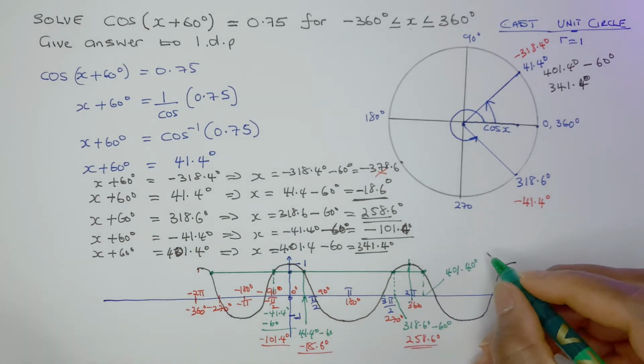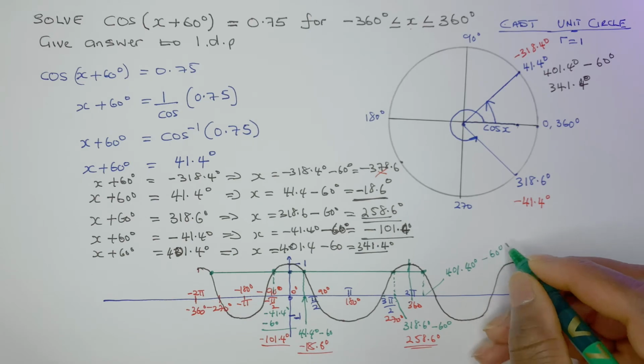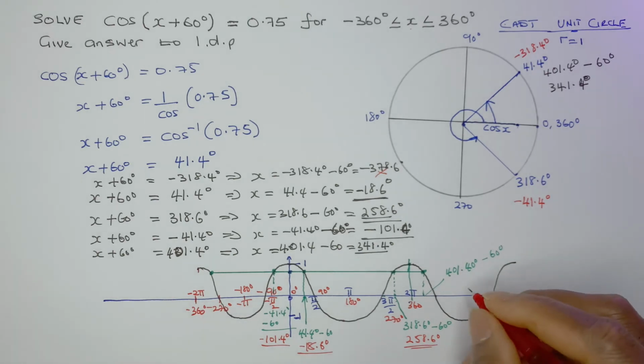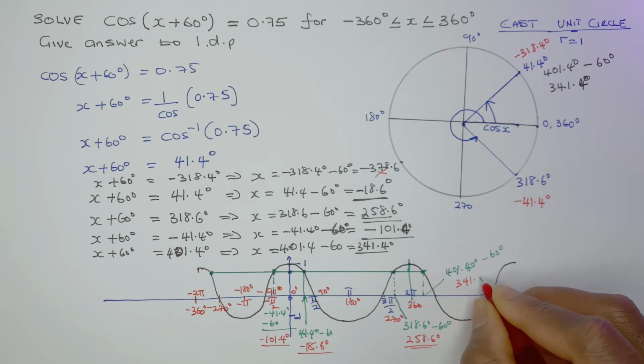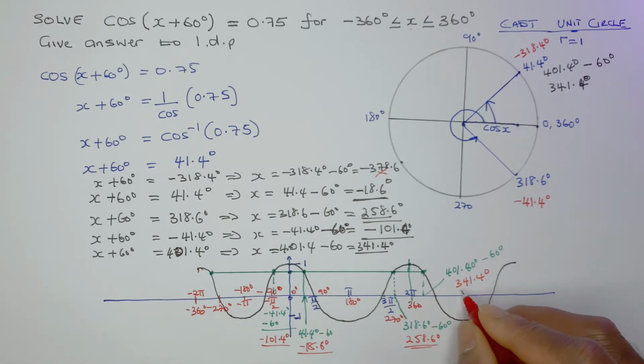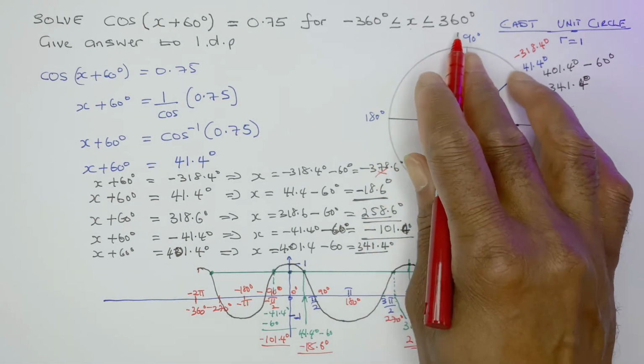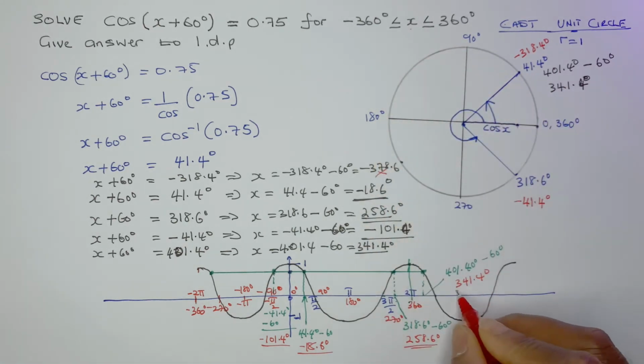And if you take away 60 degrees, then you will get 341.4 degrees. You can see that's still below 360, which is what's needed. So the results are these here, and that's how you work it out.